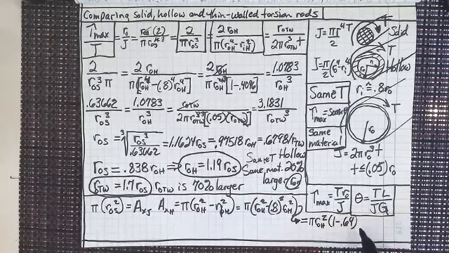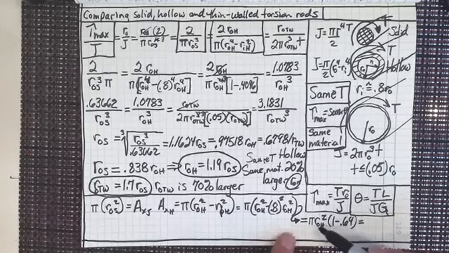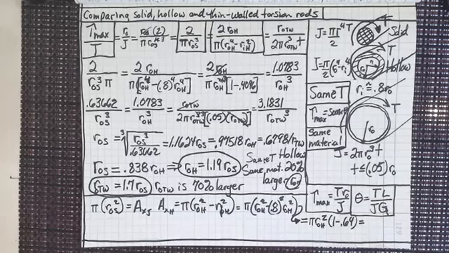Right? 1 minus 0.64 is 0.36. So down here, what I really have is 0.36 times pi. Let's just do that. So 0.36 times pi is 1.131.